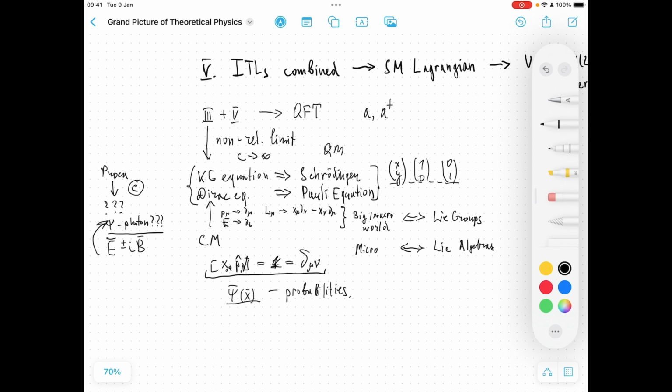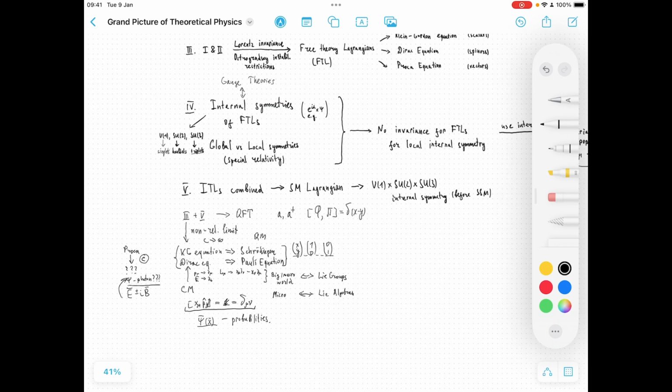I guess that's it overall. In QFT, of course, you have a similar relation between the fields and conjugate momentum, with a Dirac delta function instead. So that's the grand picture of things.